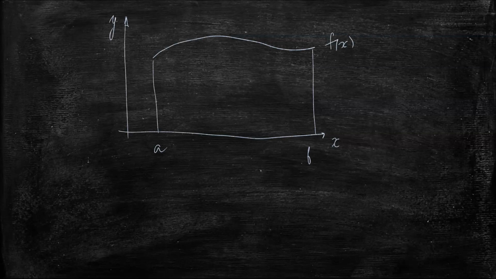Simpson says that we can take an interval from a to b and divide it into an even number of subintervals. It has to be even because otherwise we won't have enough intervals to build parabolas. So the last xn, n must be even.